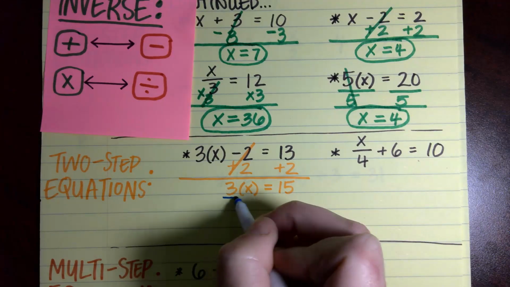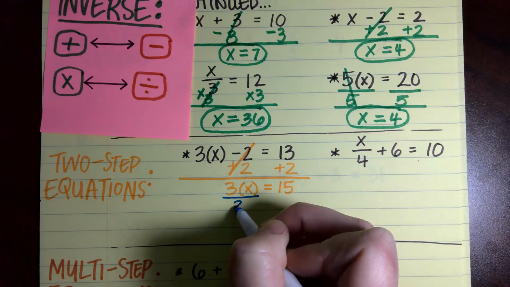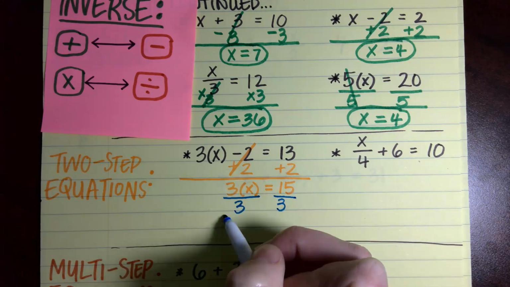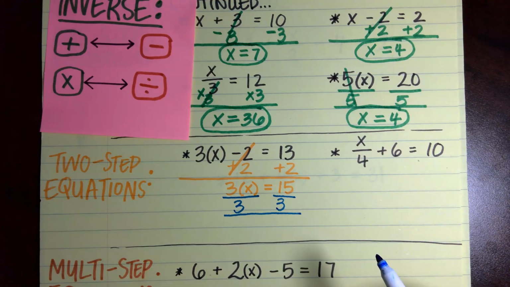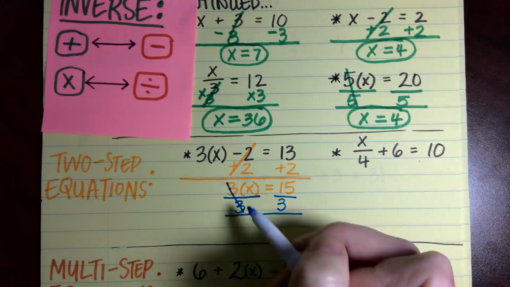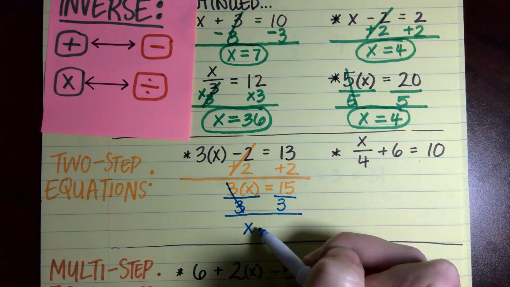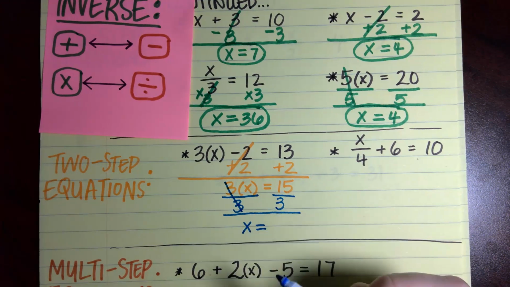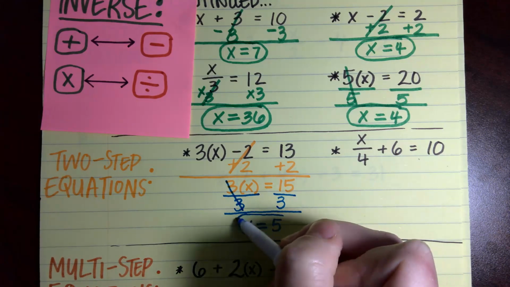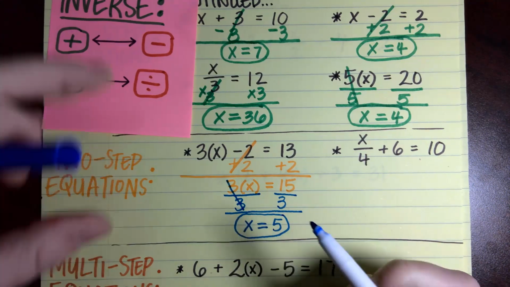So we're going to do 3x divided by 3, and then we've got to do the same thing on both sides. Our 3's are going to cancel. I'll bring down my x equals, what is 15 divided by 3? 5. Good job. All right.